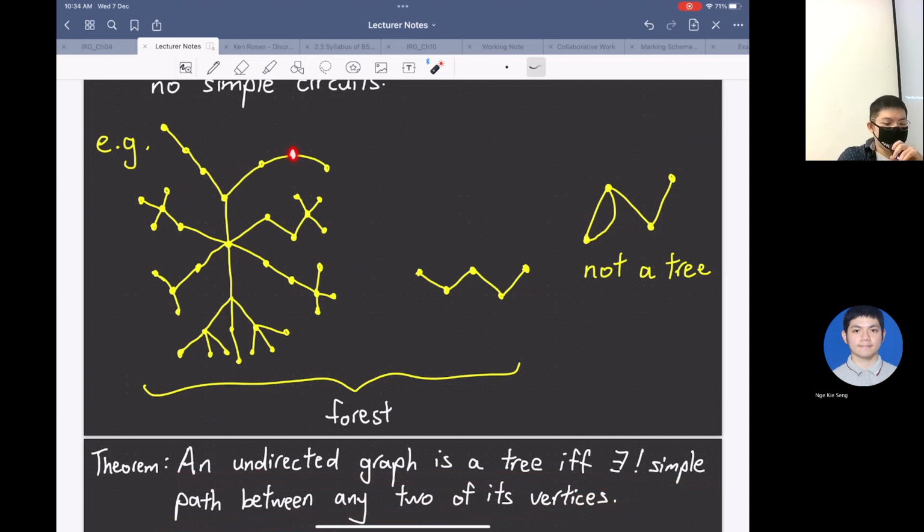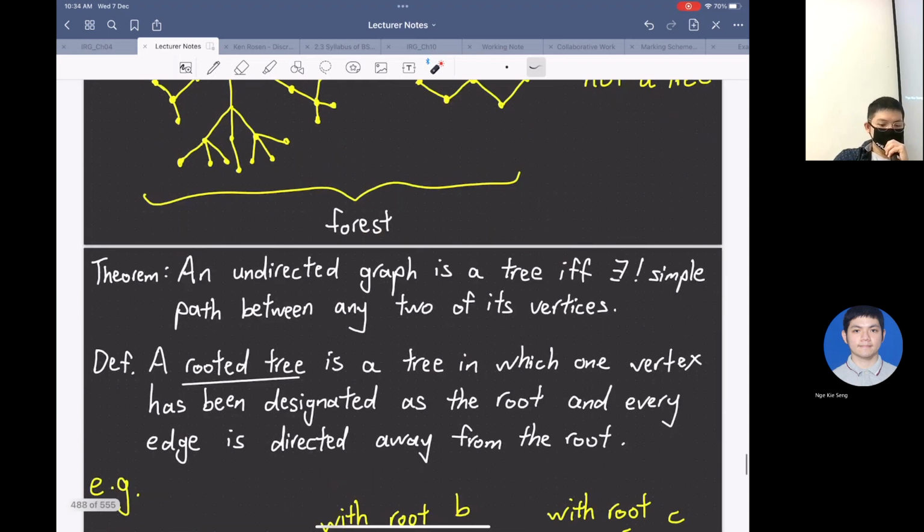Meaning if you pick any two vertices, there's only one way to get to it. One simple path. So in the tree, there's only one way to get between two vertices. You can prove this directly from the definition. You can look at the textbook as well for the proof.